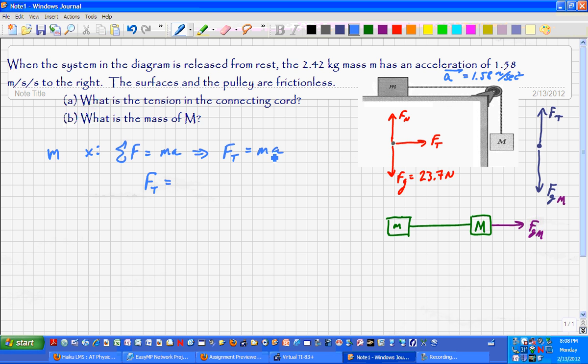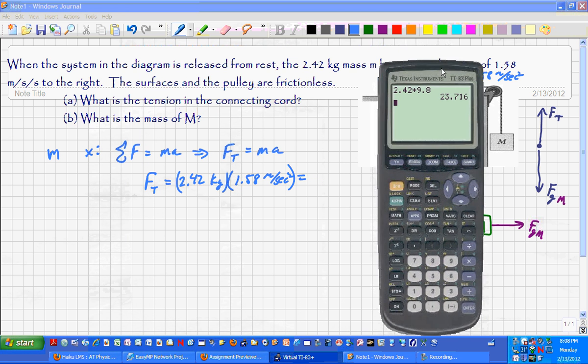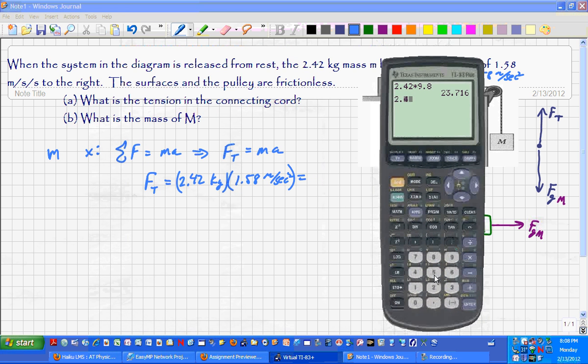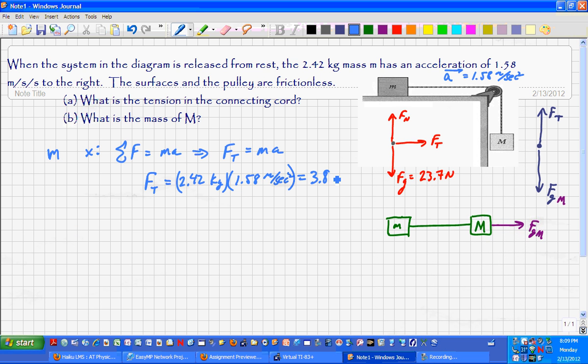So f of t is equal to m, which is 2.42 kilograms, times a, which is a positive 1.58 meters per second squared. So that gives us a tension force of 2.42 times 1.58, 3.82 newtons. So that's the answer to part A.